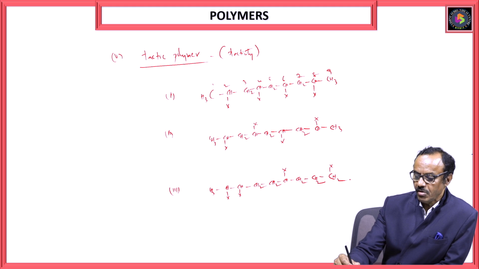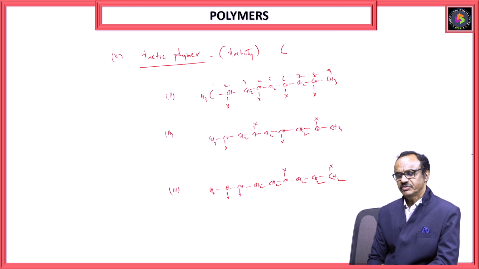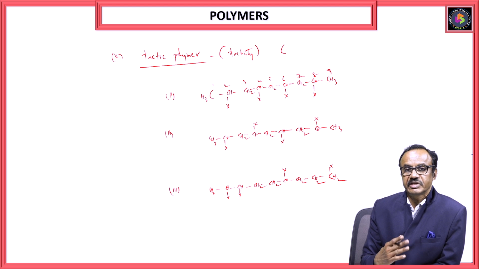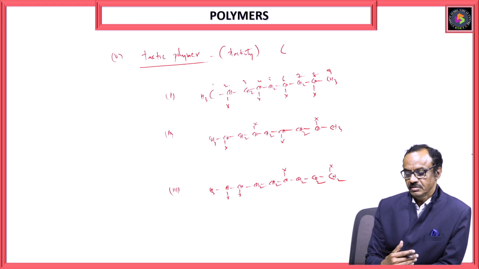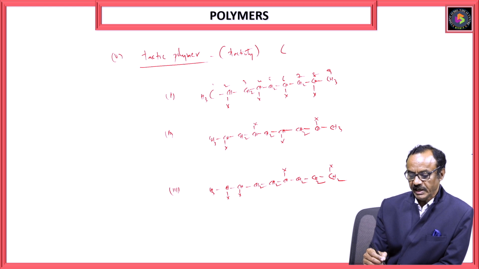All three are different, but they have the same formula. Their skeletal structures are different, and based on the functional groups attached, they can be classified into three types. All are having the same molecular formula.